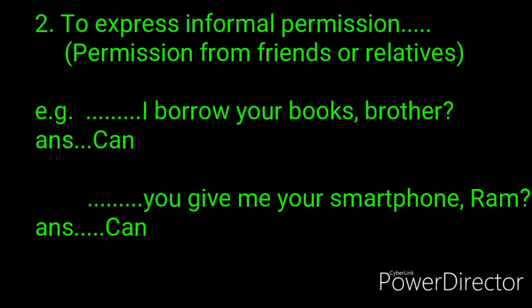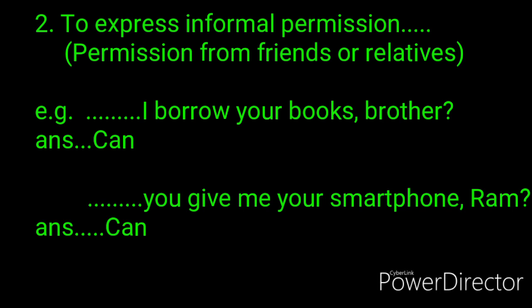Next example, blank you give me your smartphone, Ram. Here the speaker is taking permission from Ram, and generally we use the name of our friends or relatives in addressing sense. So here Ram shows that there is a relationship between speaker and listener.